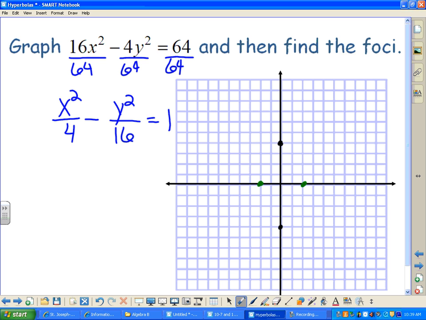Now, we know that those 2 points are not part of the hyperbola at all, right? Because your hyperbola can't go through those points the way it opens. But they're going to help us get where the hyperbola should go. And here's what you're going to do. You're going to use these 4 points to construct what I call a box. The way you're going to construct the box is I usually just start at one of the points, and you want to make these dotted because they're not part of the graph, they're just guidelines, okay?